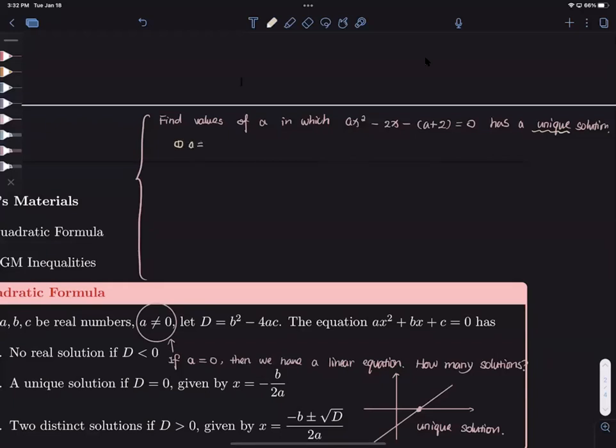One is when A is not 0, you would have a quadratic equation, and this would have 1 solution when D equals 0. And the second case is when you have A equal to 0, which you would have a linear equation and it has only 1 solution. Okay, so most of the students will miss this one and you will lose marks.